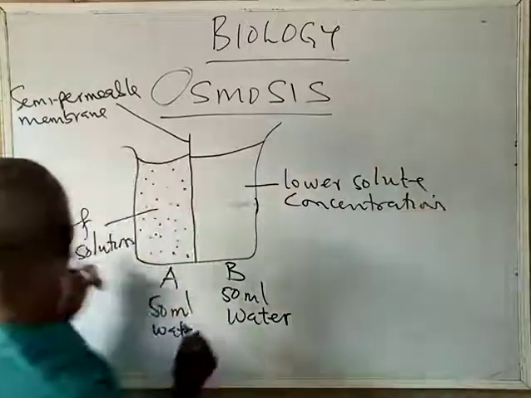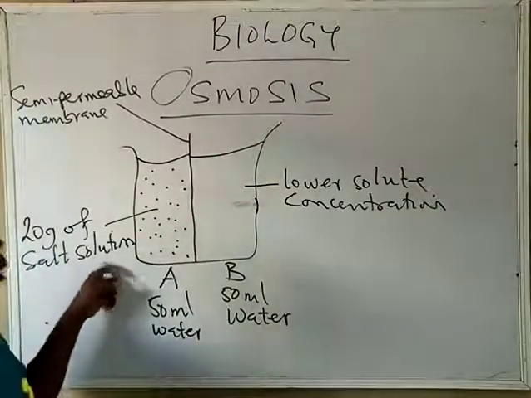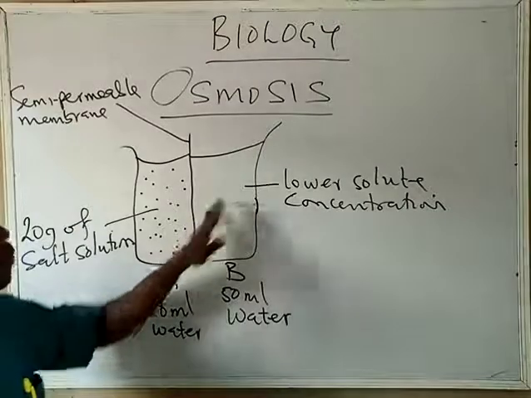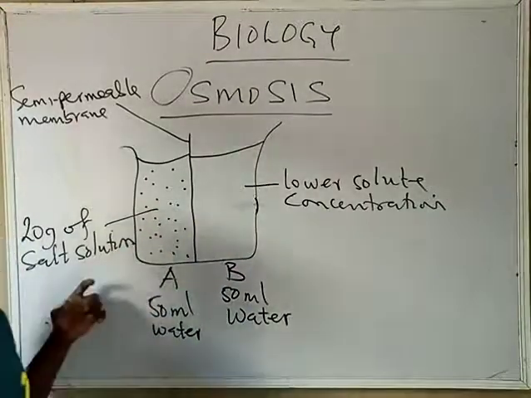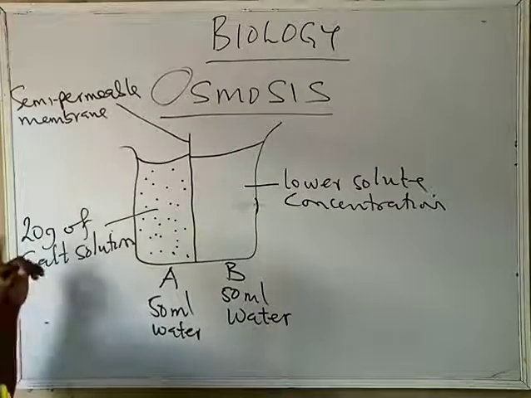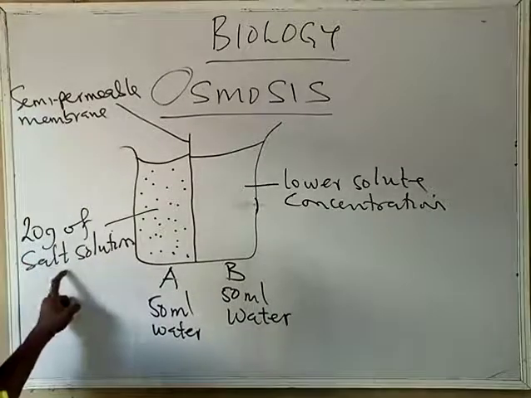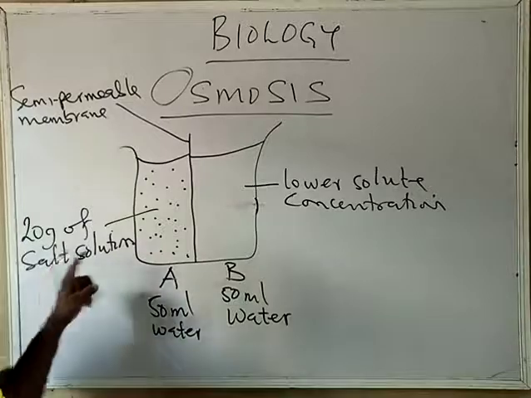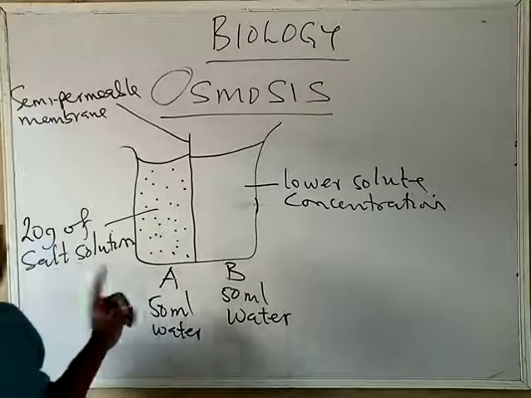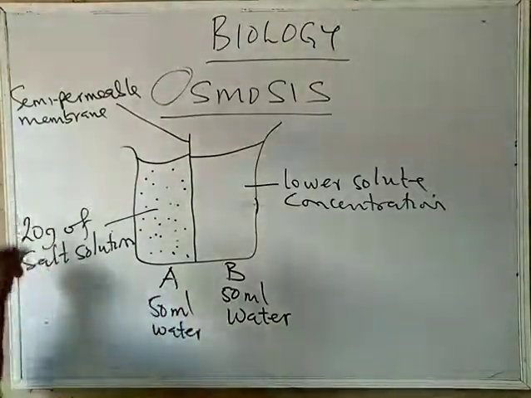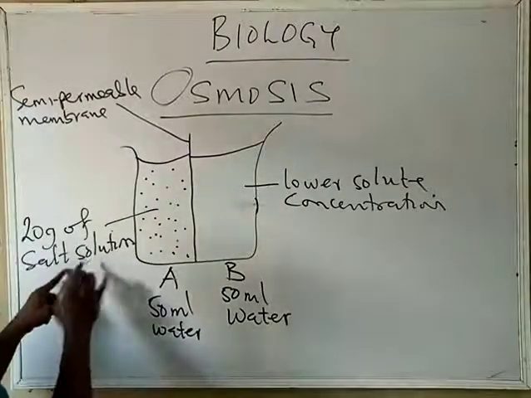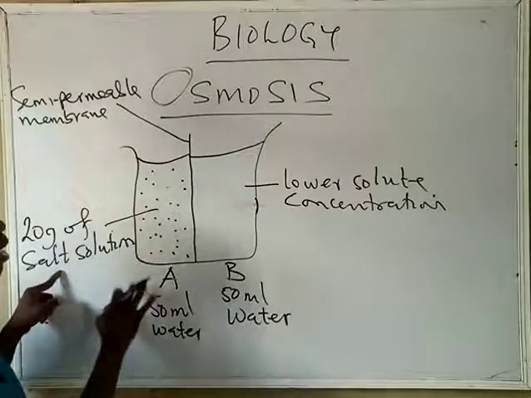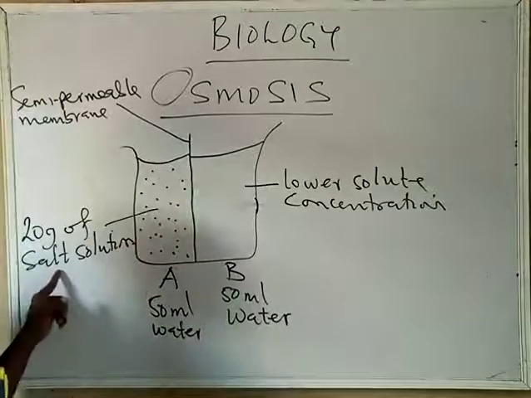Because whereas 20 grams of salt is dissolved here, we have no salt here. So this is where you have the high concentration of solute. That is where we call concentrated solution. So here, because we dissolved 20 grams of salt here, this has become the concentrated solution.